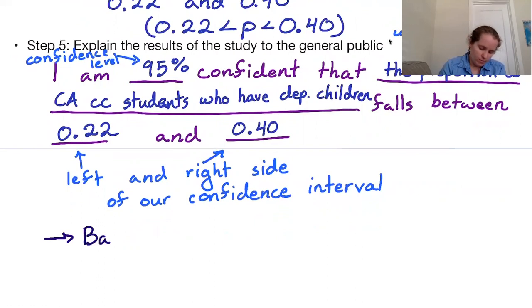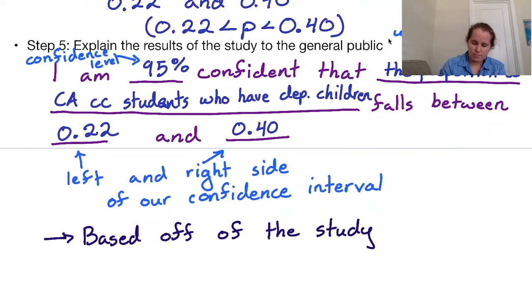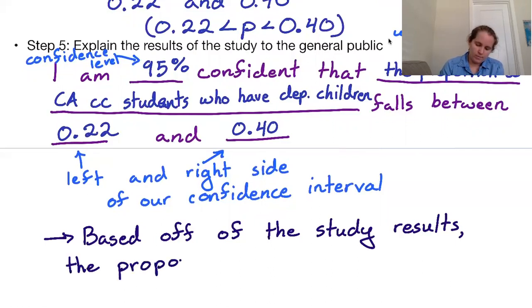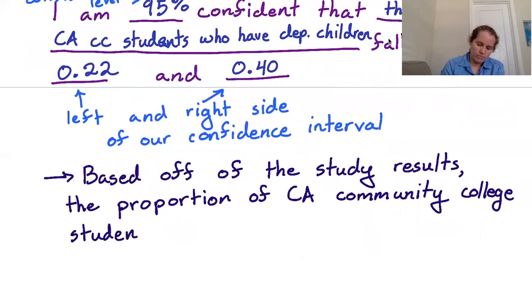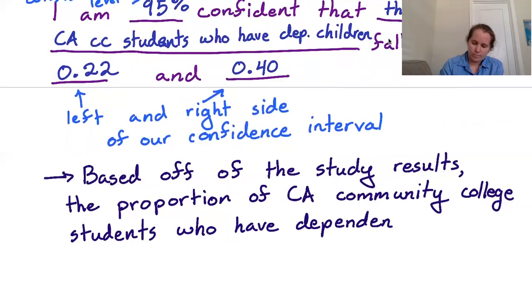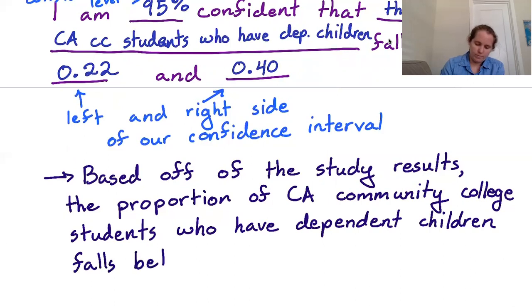So based off of the study results, the proportion of California community college students who have dependent children falls between 0.22 and 0.40.